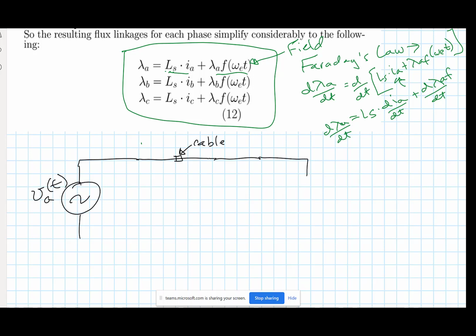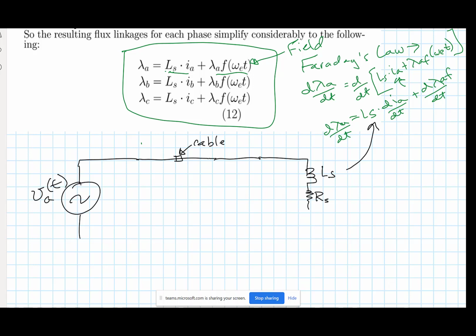On the other end of this, there's going to be some inductance, and because it's in a winding, there is resistance. I don't have that, but there will be a resistance. So I'll call this RS. This inductance is LS.